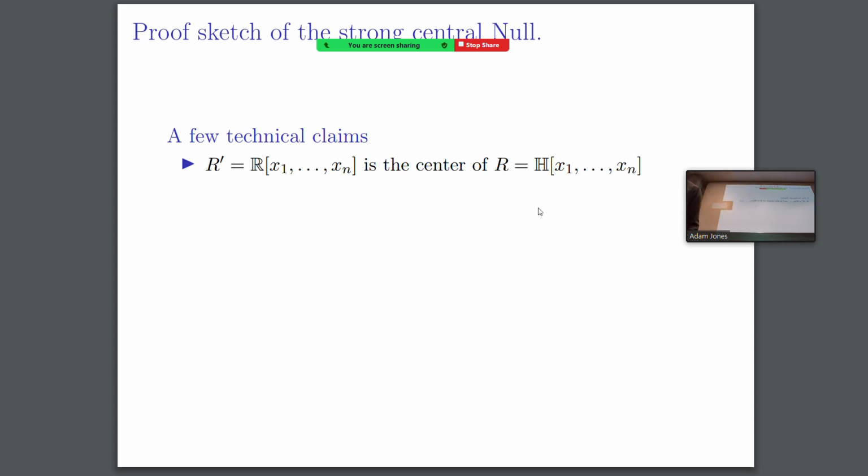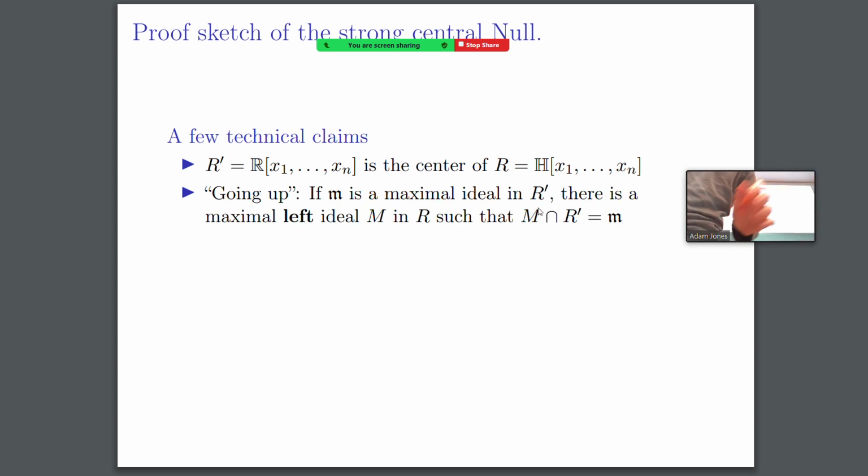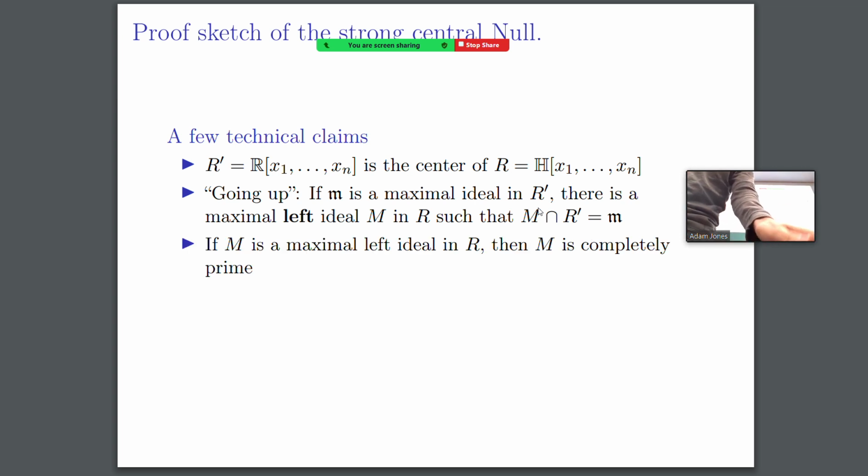I need some auxiliary lemmas. Let us denote the center of the ring, the polynomials with real coefficients, by R prime. We have the following going up lemma, stating that if you have a maximal left ideal in the center, then it lies beneath a maximal left ideal in the ring R. Another thing to note, which is true in arbitrary rings, is that every maximal left ideal is completely prime in the sense of Reyes.